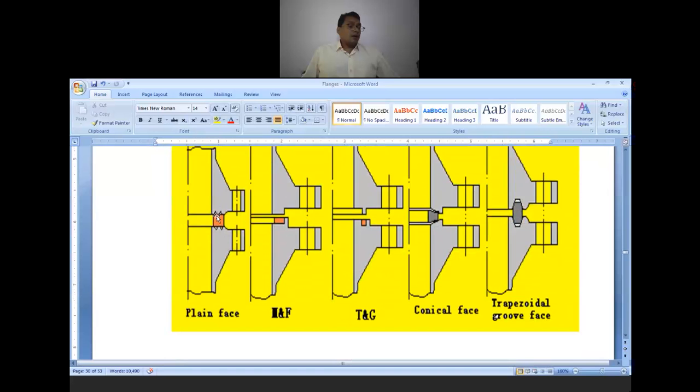This is the plain face flange. Here the face is plain. All these are the raised face flanges.